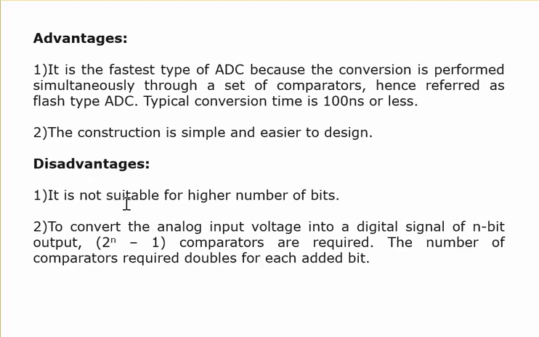Coming to the disadvantages, the simultaneous type of ADC is not suitable for A to D conversion with more than 3 or 4 digital inputs. 2 power n minus 1 comparators are required for an n-bit A to D converter, and the number of comparators required doubles with each added bit.